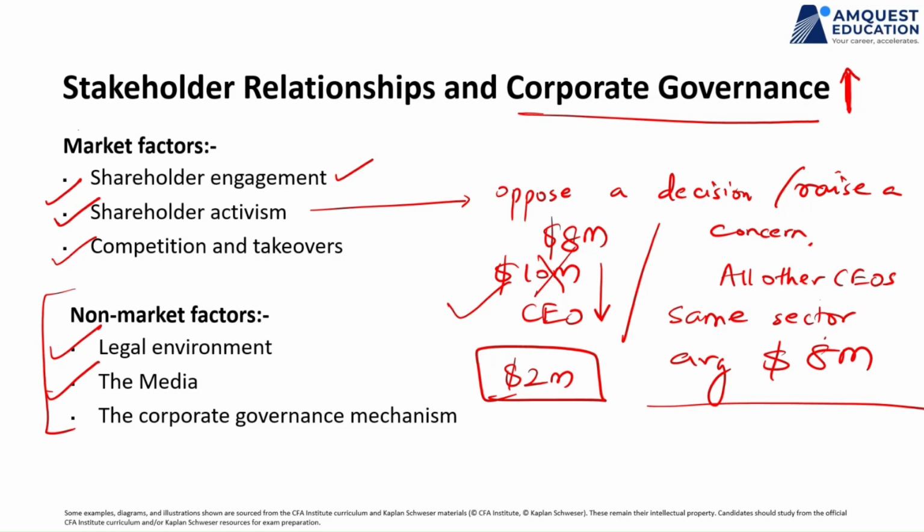But if you don't have media who's raising issues, the legal environment is not as strong as it should be, the management and the company is not motivated to follow best practices or believe there are no advantages of being great on corporate governance. So there are certain market factors which determine the level of corporate governance, and there are certain non-market factors which determine the level of corporate governance.